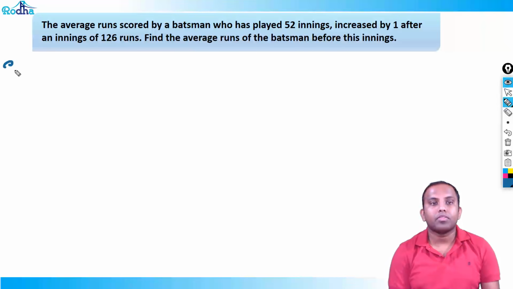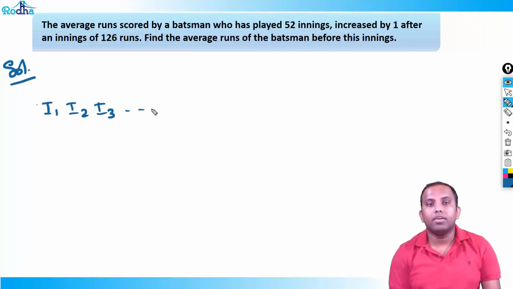See, the average runs is scored by a batsman who has played 52 innings, right? Get this concept now. Let inning 1 be I1, I2, I3, till I52, inning 52.